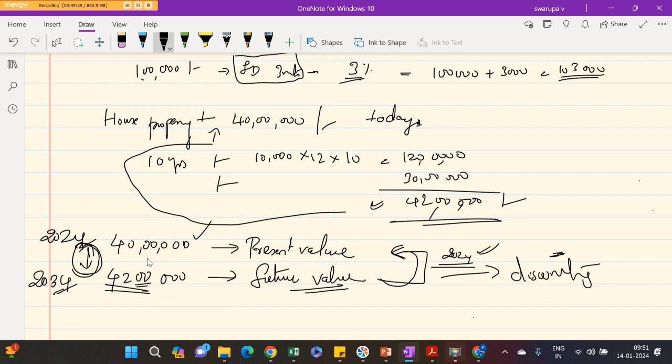And what is the future value of 40 lakhs in 2034? Arriving at that is called compounding.